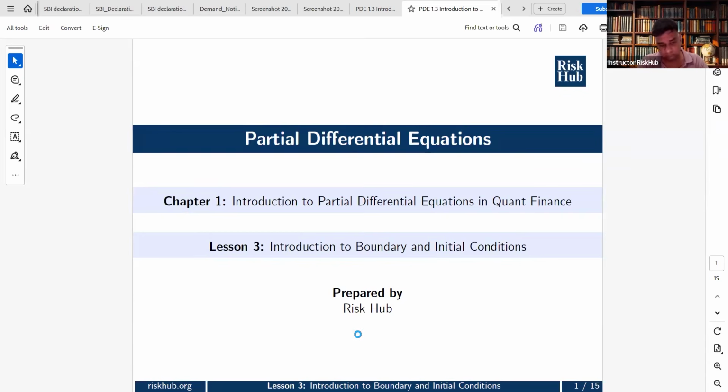Again, if you look at this particular slide, we are doing the introduction to boundary and initial condition. The lesson is part of the PDE, partial differential equation chapter in quant finance. The important point is before solving partial differential equations numerically or analytically, we must know the conditions that pin down the correct financial solution.